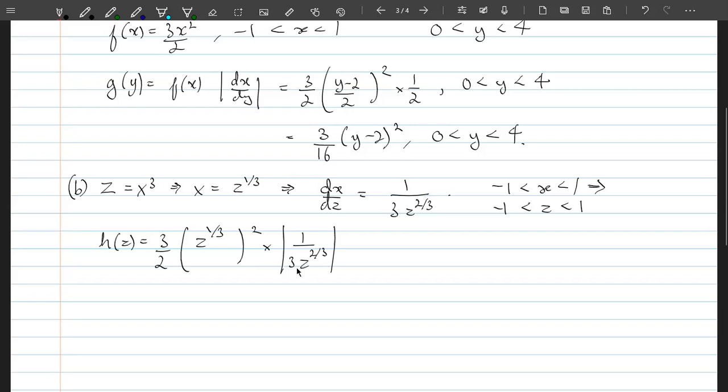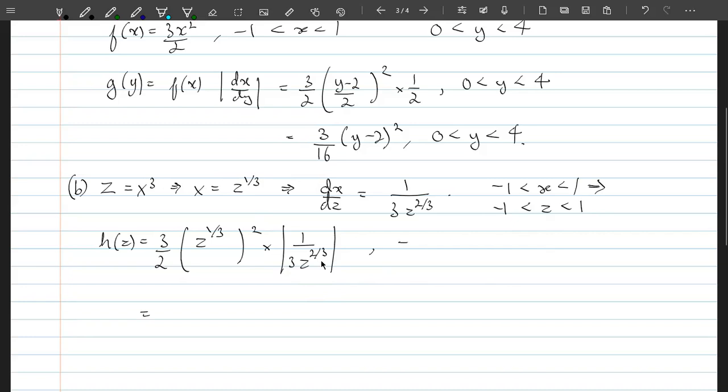So this will cancel out any sign that z has. Z actually can vary from minus 1 to 1. So if it was z to the power 1 by 3, for example, you have to keep the modulus there. But here it is 2 by 3. So the sign does not matter. It will always become positive.